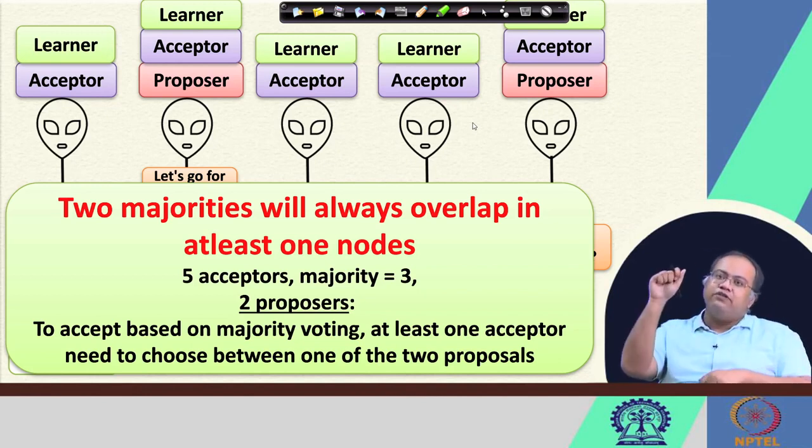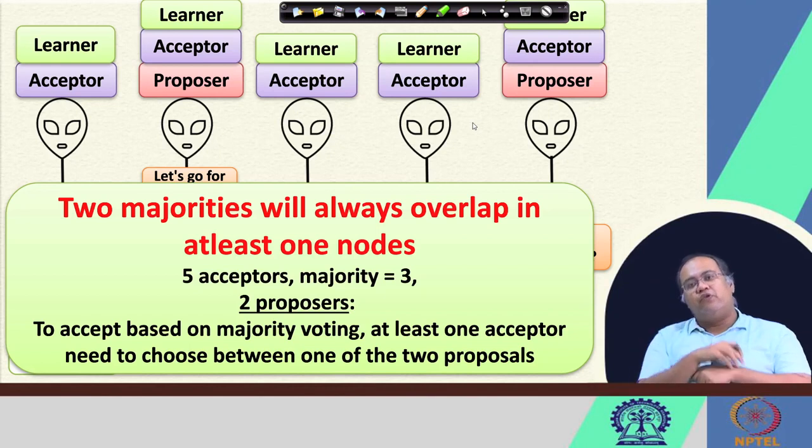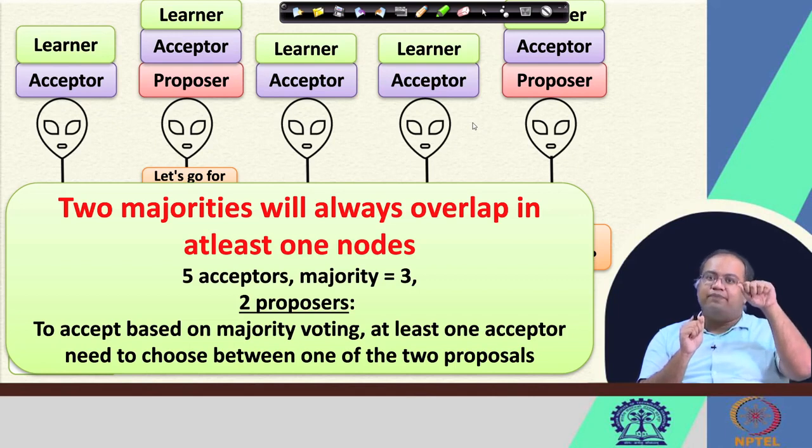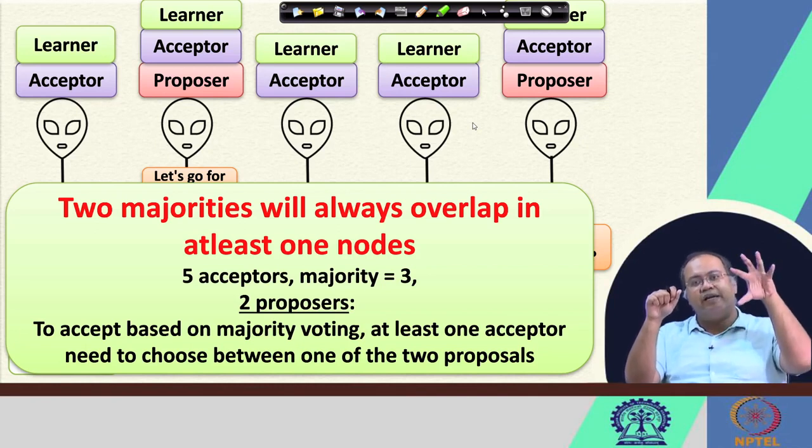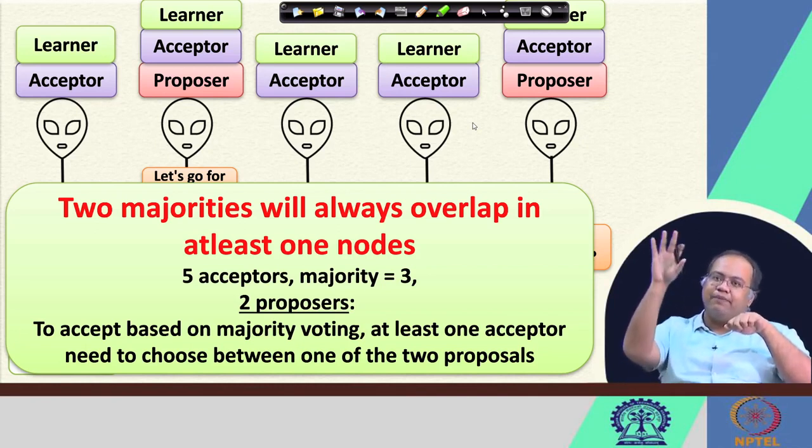Or if you say movie is the majority, then again there should be at least 3 nodes who accept the movie. Now here you have a conflict if I apply the pigeonhole principle, because it can never happen that movie is the majority and at the same time dinner is the majority, because if movie is the majority I have 3 nodes, and if dinner is the majority I have 3 nodes.